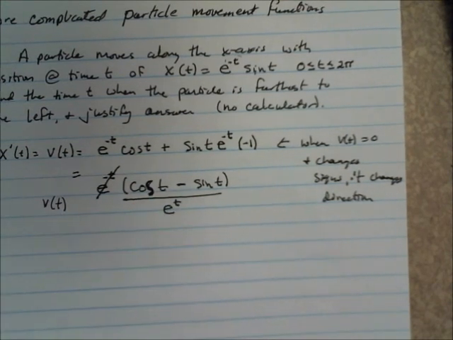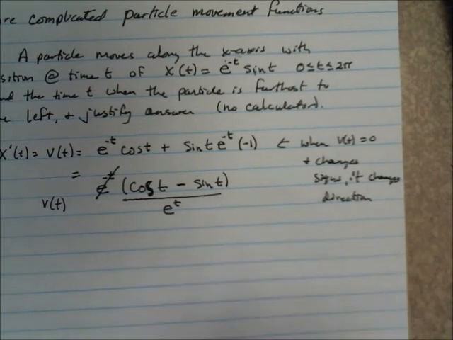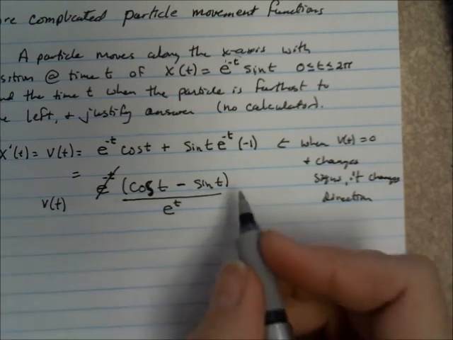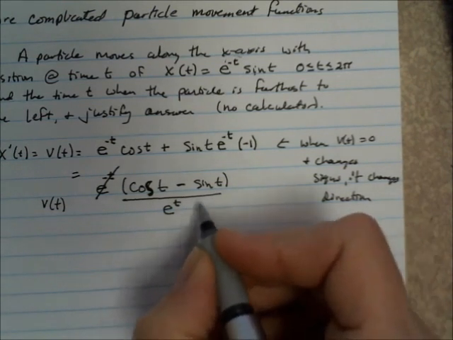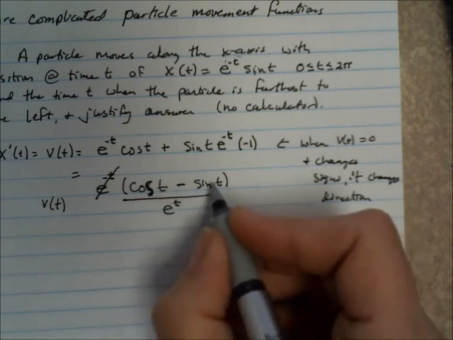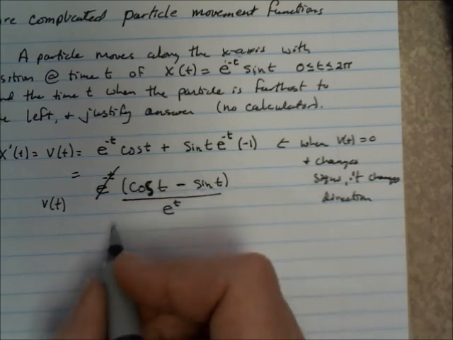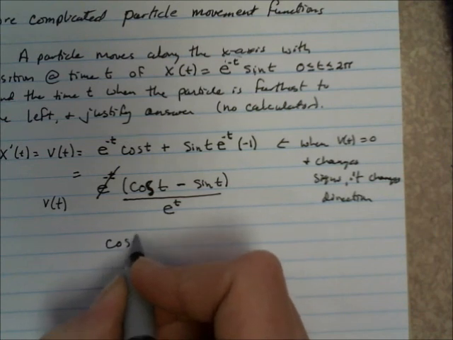And what we have to do is set this equal to 0, and we can figure out where it changes direction, and we can set up a sign table for this velocity function. So the critical values are when the cosine of t minus the sine of t is equal to 0.